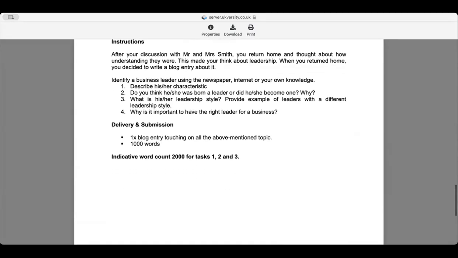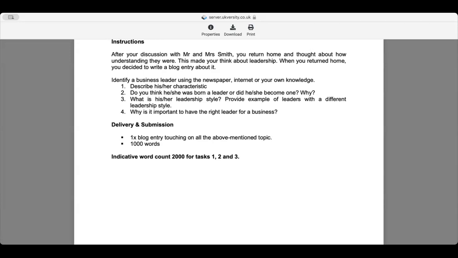Task 3. After your discussion with Mr. Smith, you return home and thought about how understanding he was, which made you think about leadership. When you return home, you decide to write a blog entry about it.